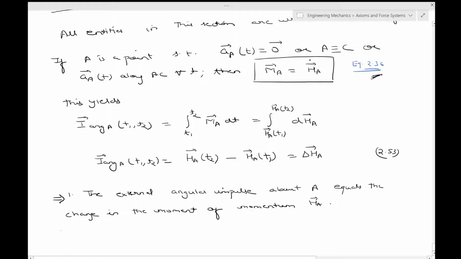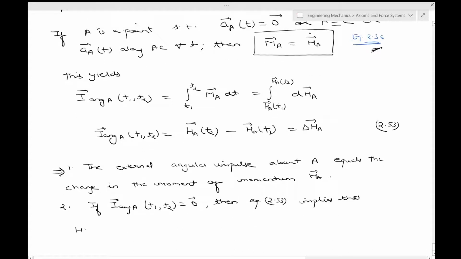That's the first. And the second is that if I angular A between t1 and t2 is equal to 0, then equation 2.53 implies that H_A is conserved.